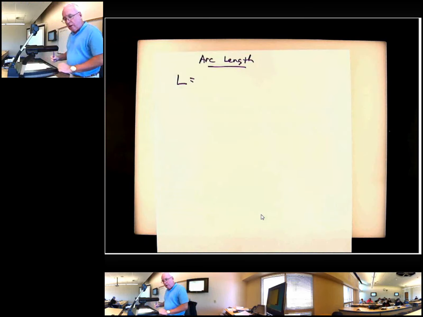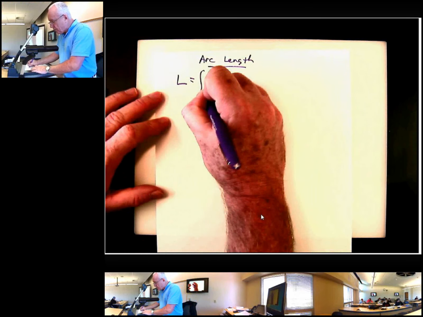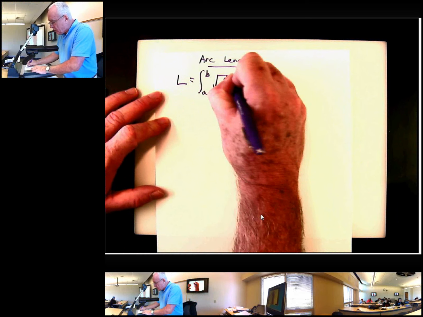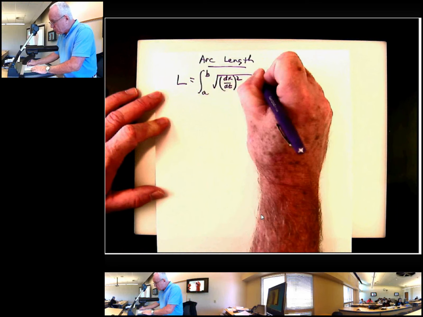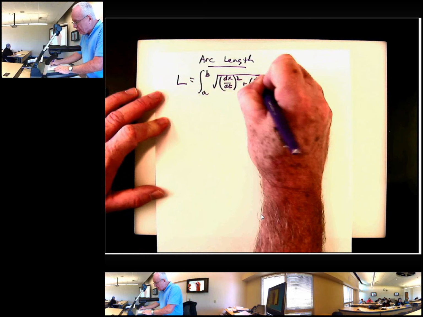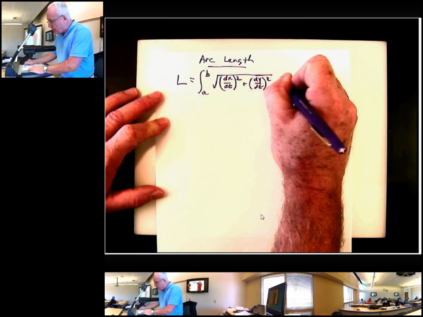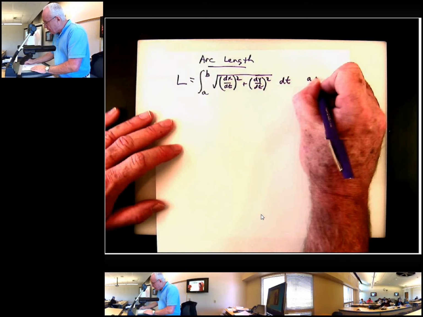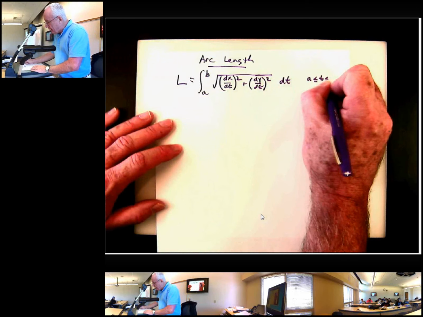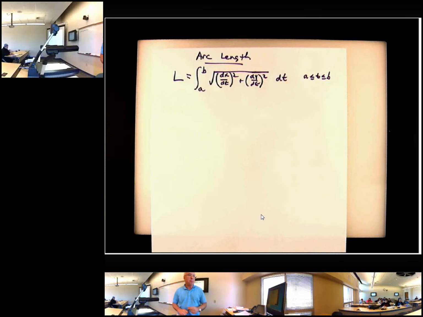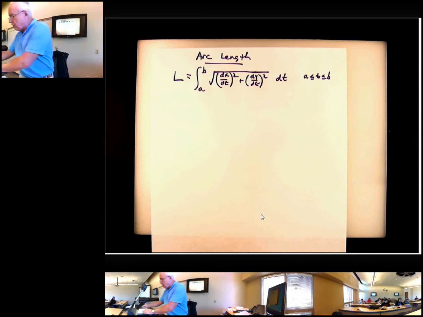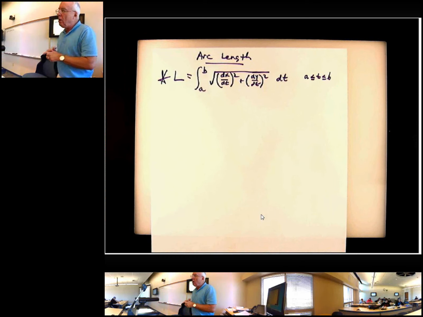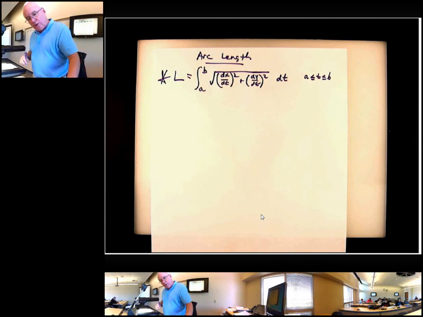L, the arc length, is going to be the integral from a to b of the square root of (dx/dt) squared plus (dy/dt) squared, dt. And that's where t, our parameter, is going from the number a to the number b. So that's the formula for arc length. Let me put an asterisk by that again. That's something you'll be expected to remember for these parametric curves.